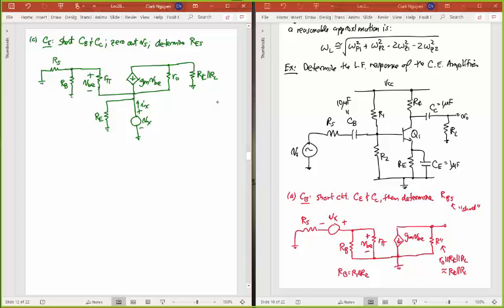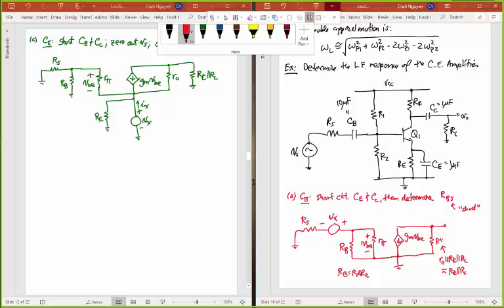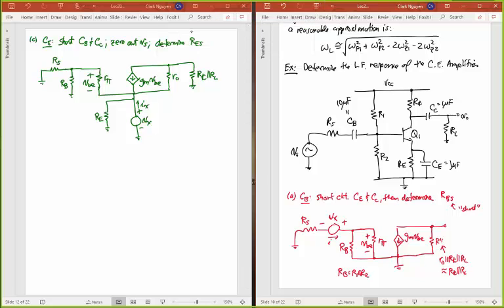Should the polarity of Vx be flipped? Are you talking about this circuit right here, Naomi? Is this the one you mean? Oh, the last circuit. It actually doesn't matter. It only depends on which direction I took Ix for. So in this case, I'm taking Ix to go that way.